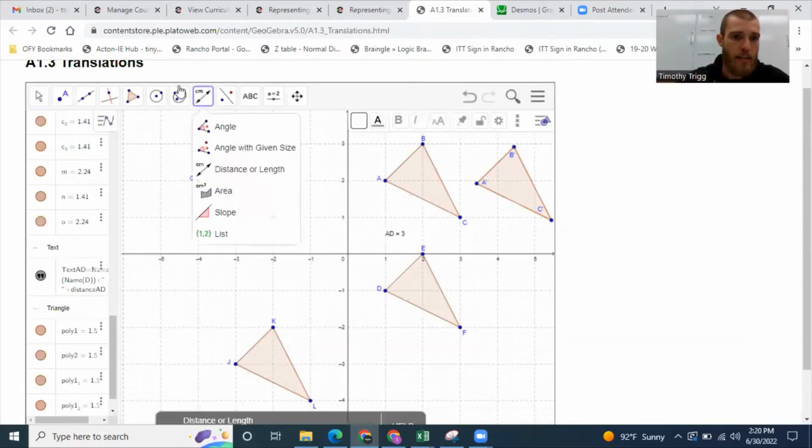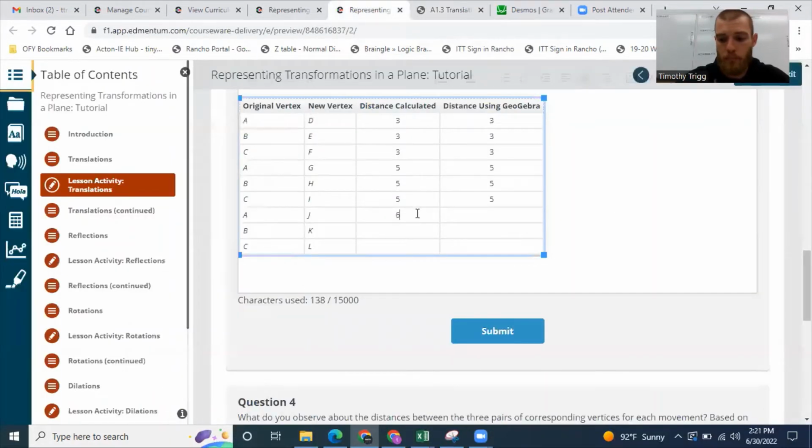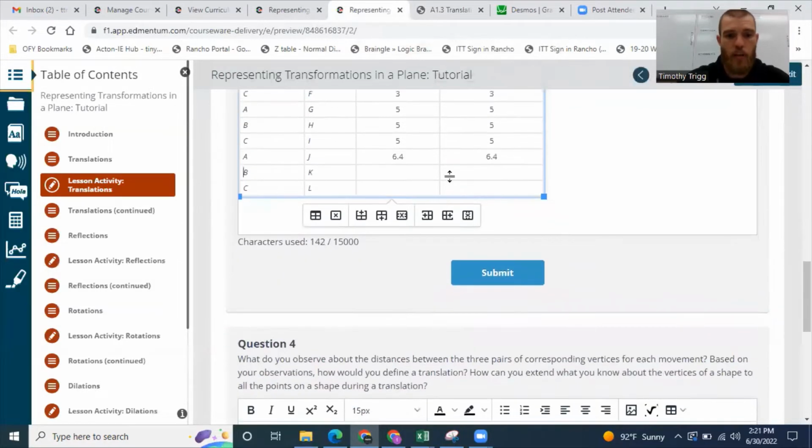Let's go distance and length. Click on A, then J, and it should say AJ equals 6.4. Notice B to K is also 6.4. C to L is also 6.4. So it should be 6.4 across the board there. Go ahead and finish filling that out.